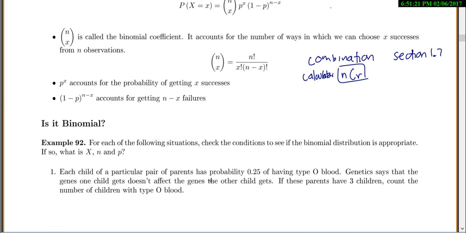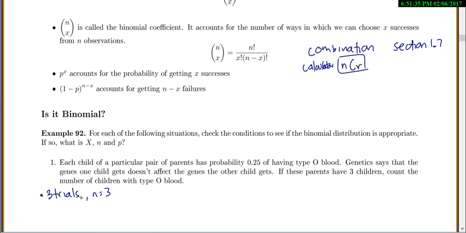Okay. So there's a few things here you want to key into. First of all, you know that they're having 3 children. So we have 3 trials, or N equals 3. We know in advance how many times we're doing something. Okay. They told us that they were independent, or they didn't affect each other.